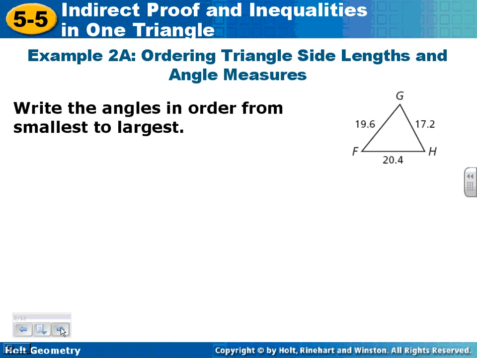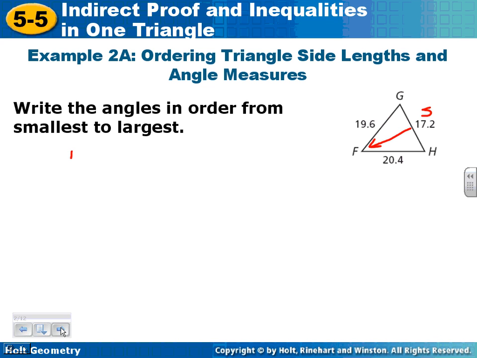The directions read, write the angles in order from smallest to largest. Well, if I do that, let's do the sides first. You see how the side lengths are given to me? Could I use small, medium, large? The smallest side would be, put S for small, 17.2. That means the angle opposite that, which would be this F, is my smallest angle.